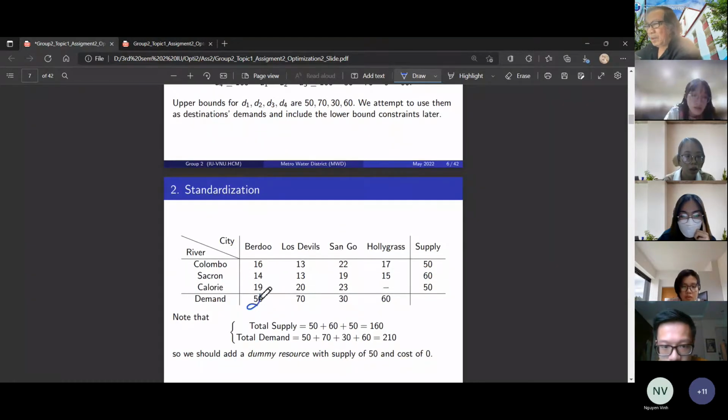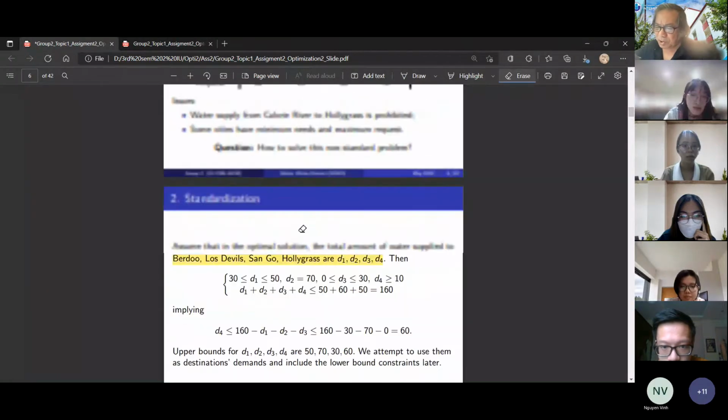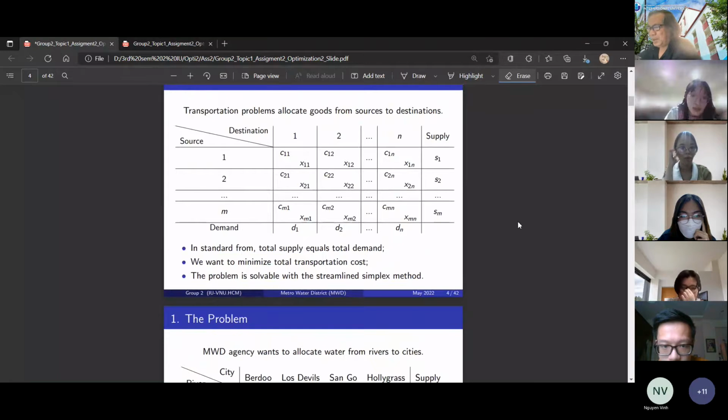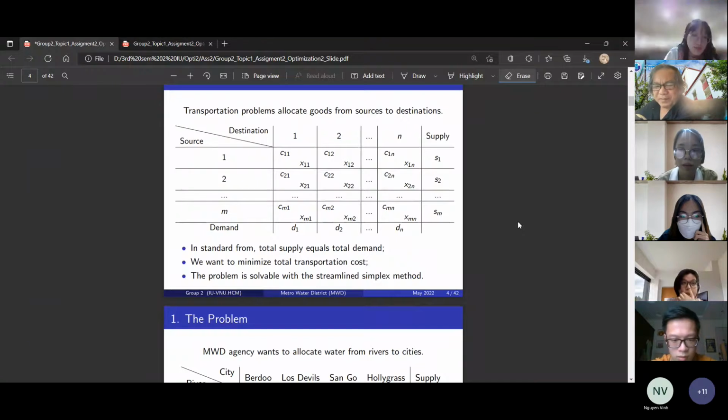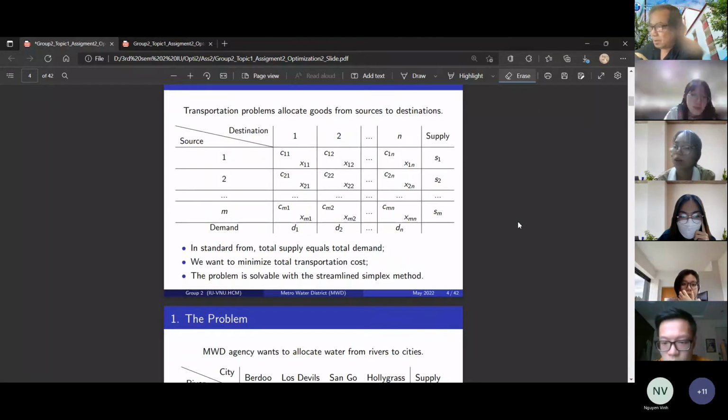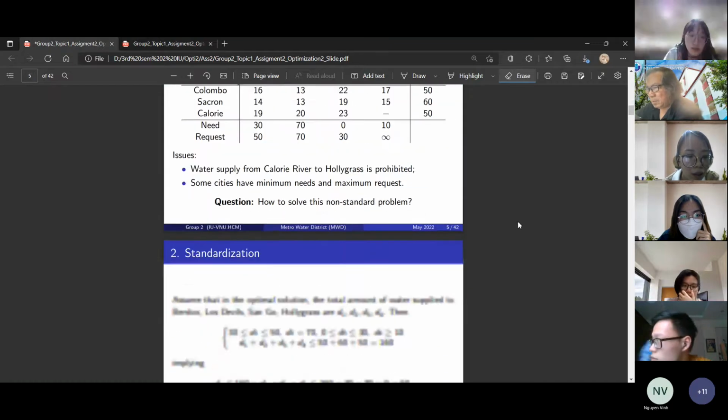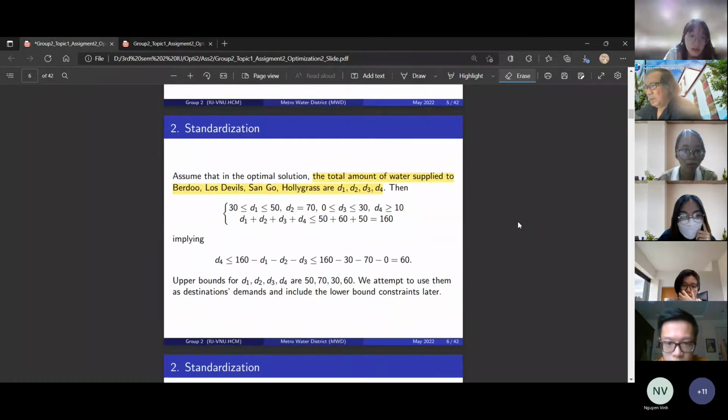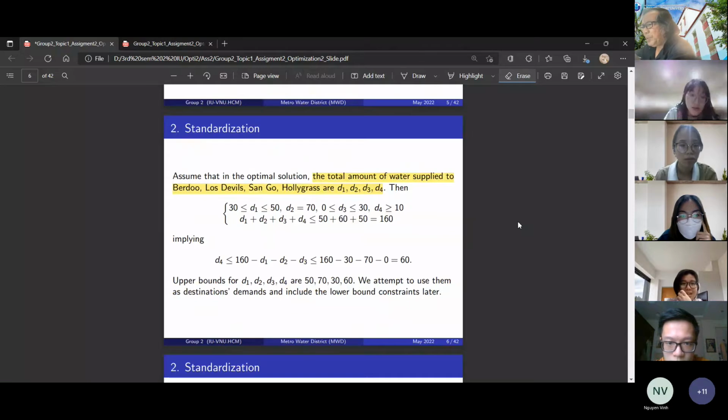Just a moment. Come back to the definition. People cannot follow your definition so quickly. D1, D2, D3: the total amount of water supplied to Purdue.